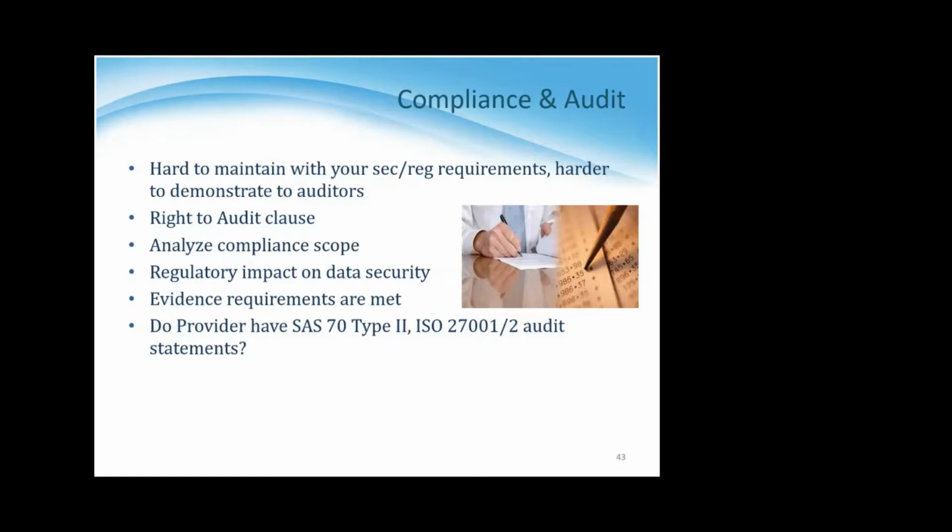If you have a big company, the auditor can suggest how to analyze, what class is used for auditing, and what the regulatory impact on data security is. You need evidence to make sure of the quality of the data security. If you are the owner of Facebook or IBM or Amazon, you should have this compliance and audit report.